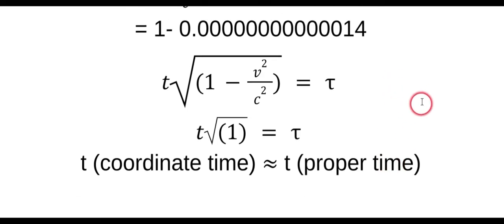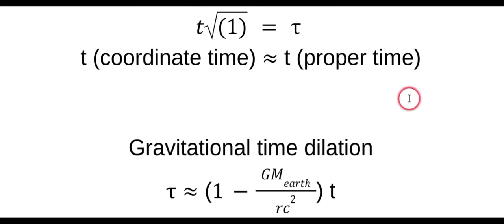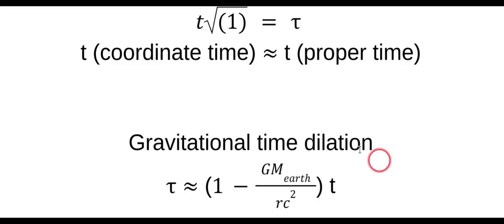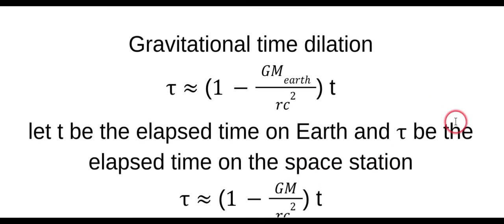All right. Now here is the gravitational time dilation. This is an approximation of the equation. So we've got the gravitational constant, the mass of the Earth, the radius, no, I'm sorry, the distance to wherever this is, and the speed of light squared. So let t be the elapsed time on Earth, and tau be the elapsed time on the International Space Station. Okay?